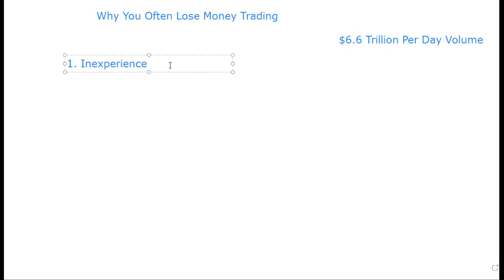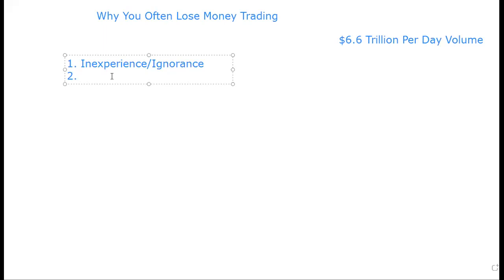Inexperience or ignorance, which simply describes when a person does not have sufficient knowledge or sufficient experience to accurately or adequately navigate the foreign exchange market. So the first reason is inexperience or ignorance.